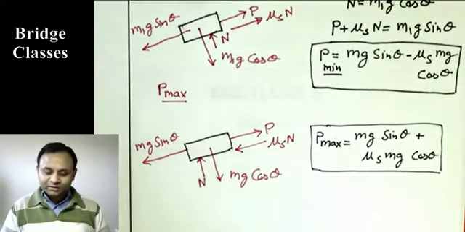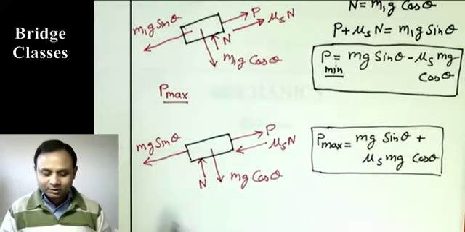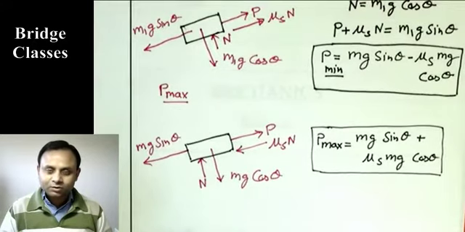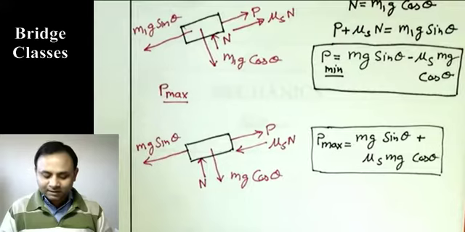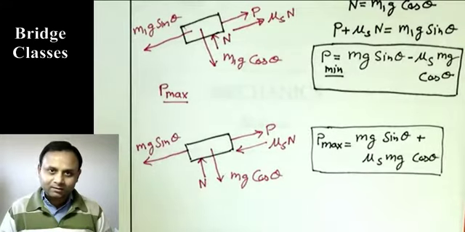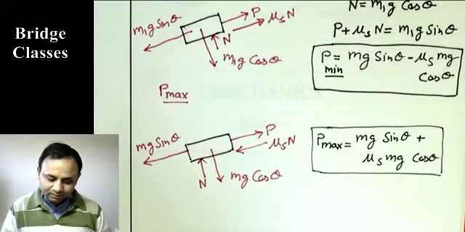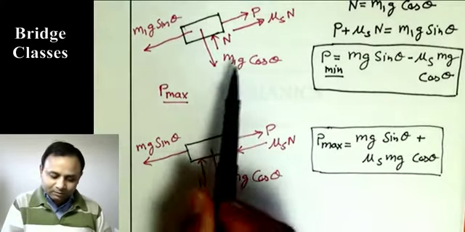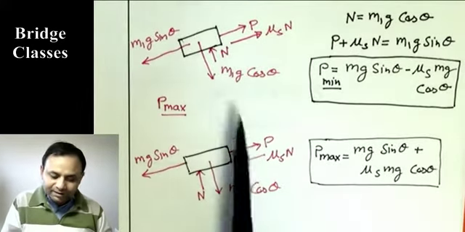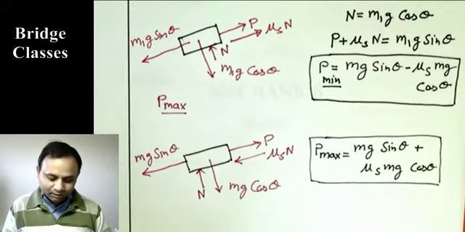Again I want to emphasize that with impending motion, we used the frictional equation that the static friction is mu s N, but you can't assume its direction. You have to see in which direction the body is going to move, and the friction will be opposite to that. That was in the opposite direction in these cases.